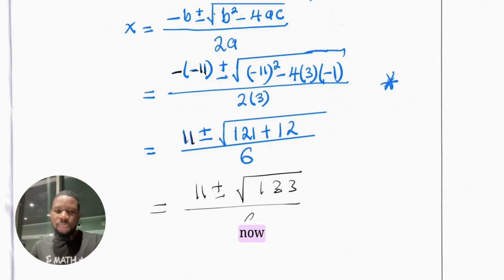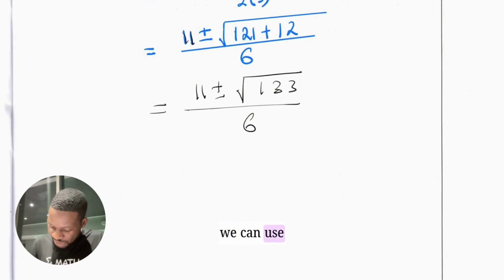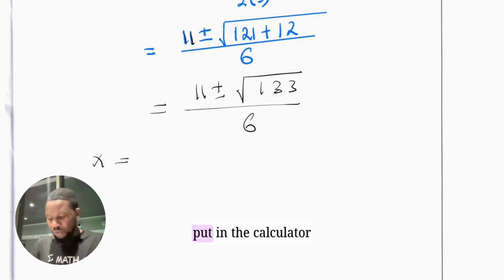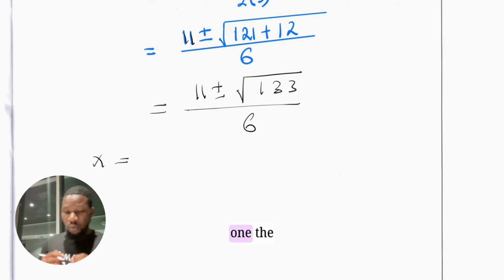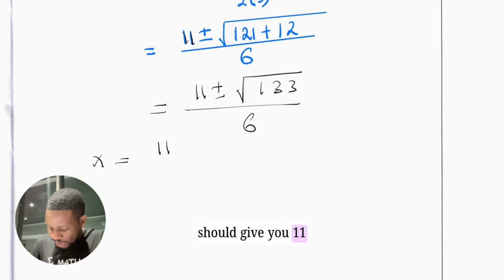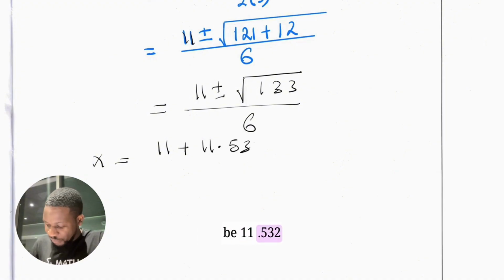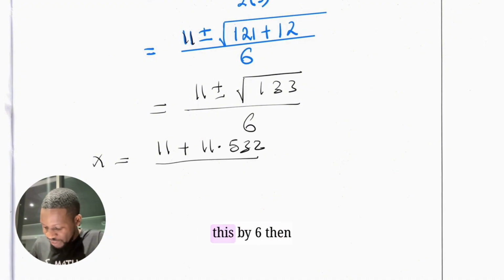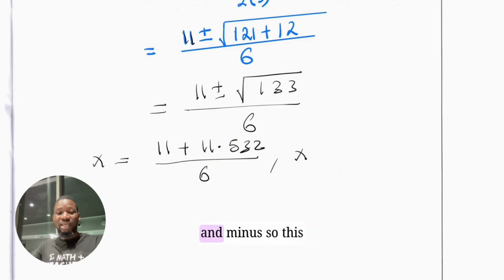Okay? Now, at this stage, we can use the calculator. So you put in the calculator the square root of 133, and this should give you 11.532. So I'll say 11 plus 11.532, and I divide this by 6. Then on the other hand, remember we had plus and minus, right?